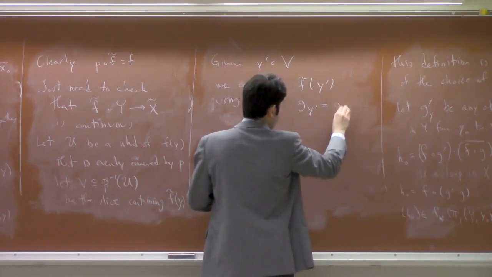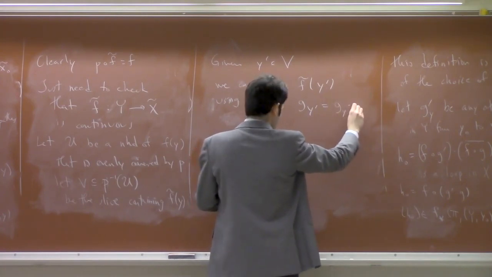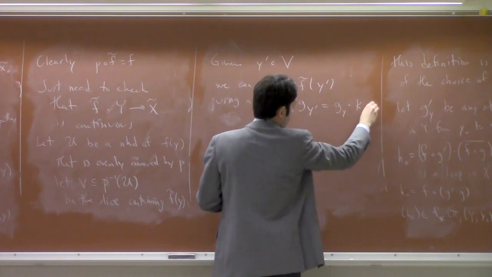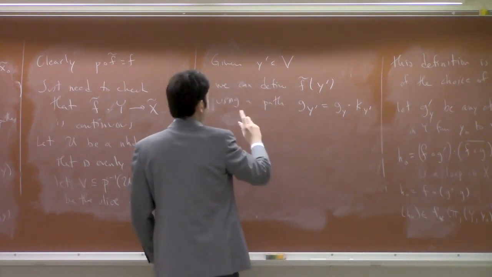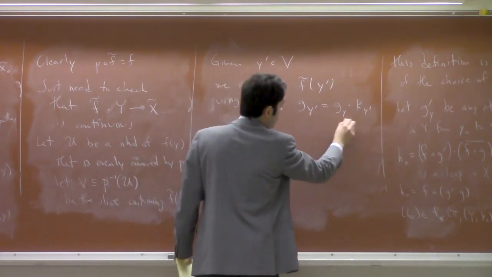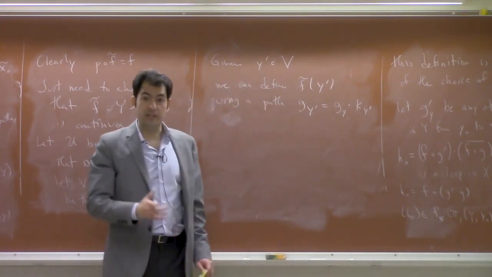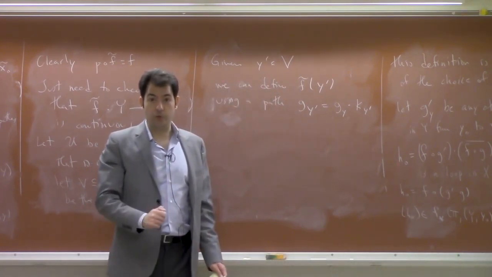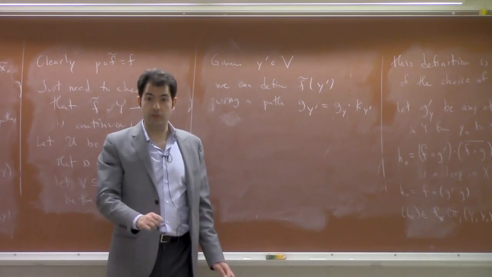This is equal to g_y dot k_y prime. So let's say that this g_y is the original path that we chose that gets you to y, right? So fix that path.